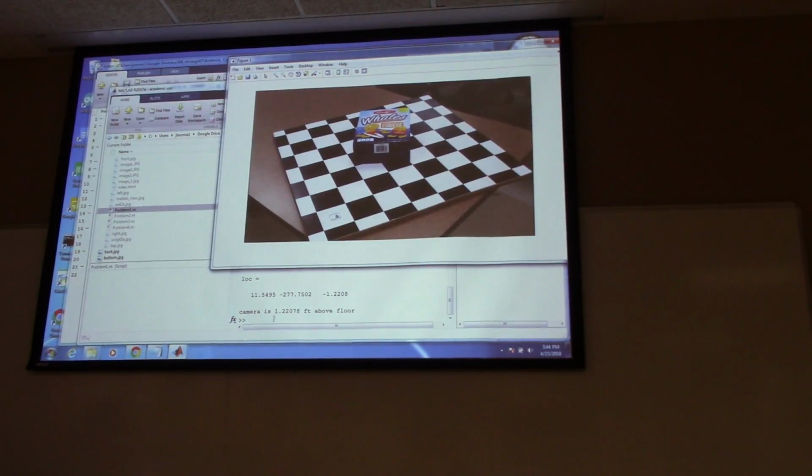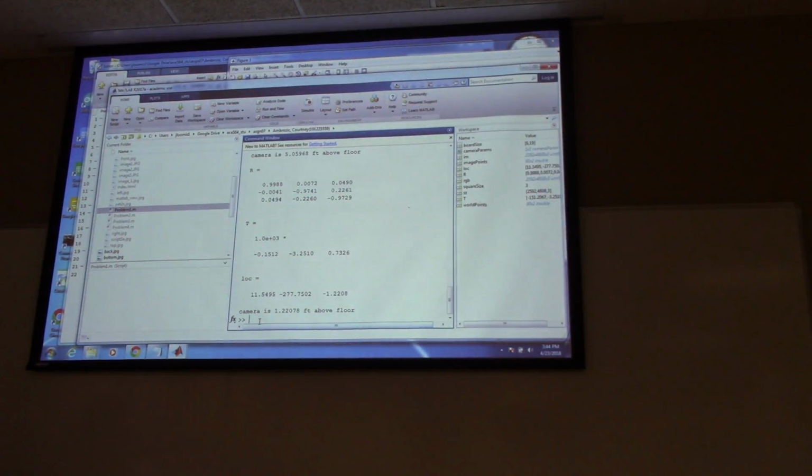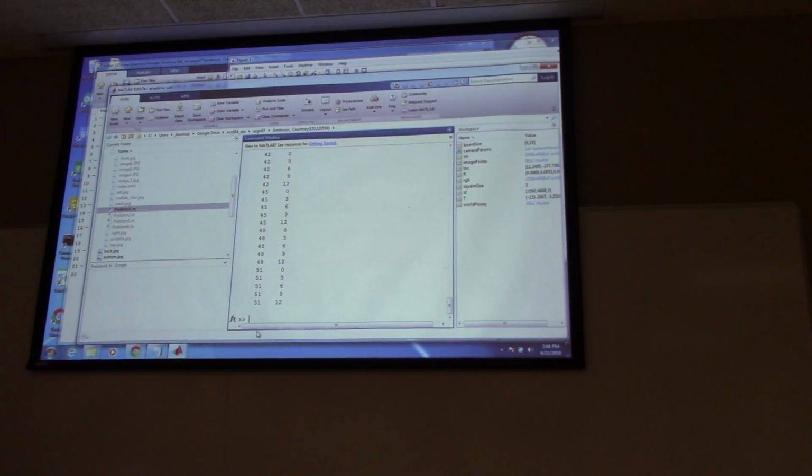If you look at the world points, remembering that the checkers are supposed to be 3 inches apart, okay? It doesn't have any idea what the world points are. They don't make any sense whatsoever.